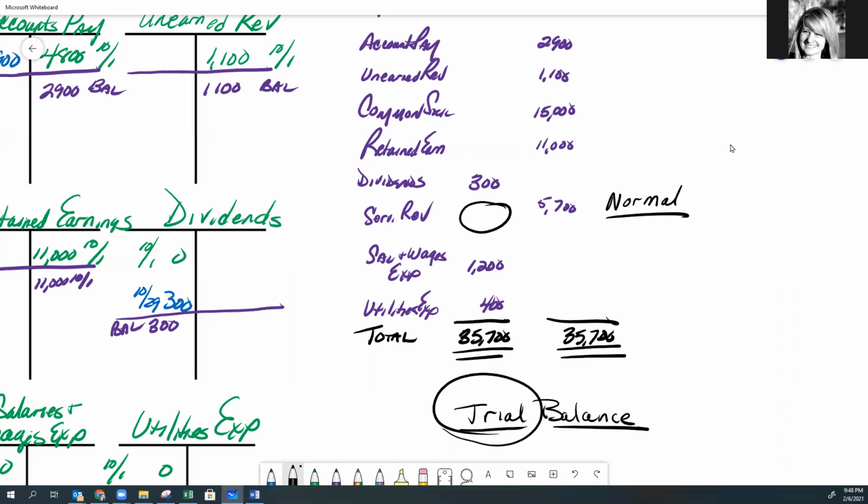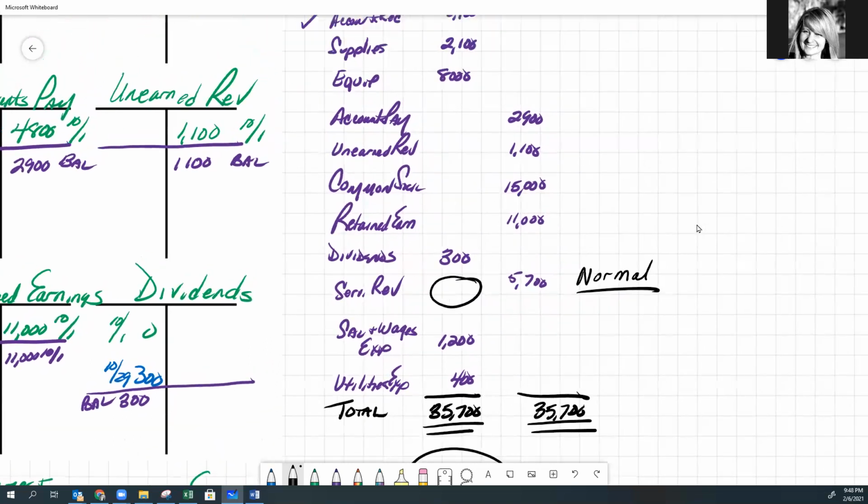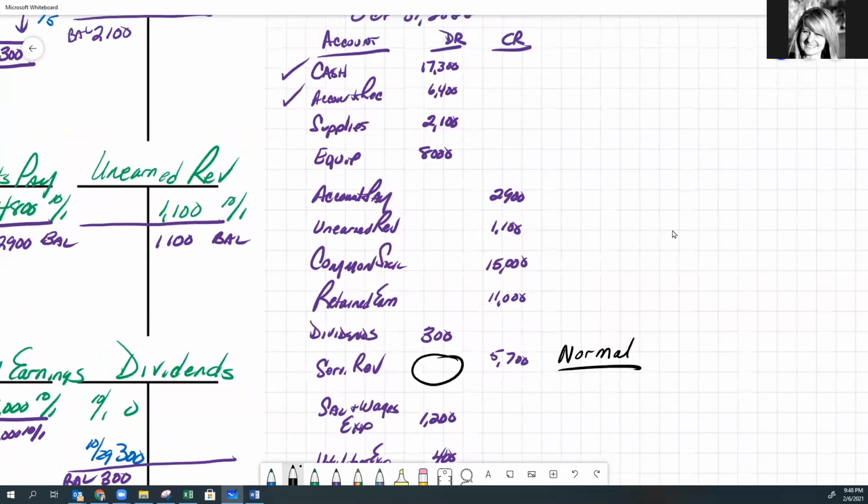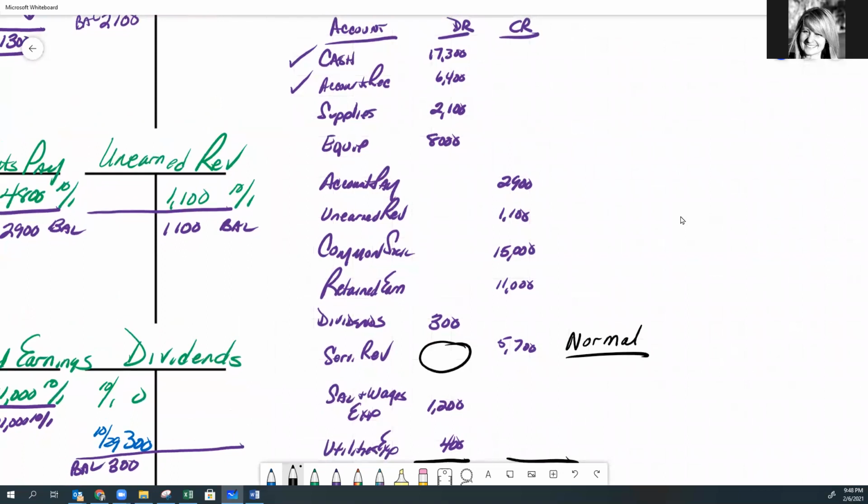And then I will just make one more comment, but you guys already know how to do this. Your trial balance is the source ultimately for your financial statements. So as you can see, your accounts are listed here and grouped by financial statement balances. We have our revenues and our expenses here.